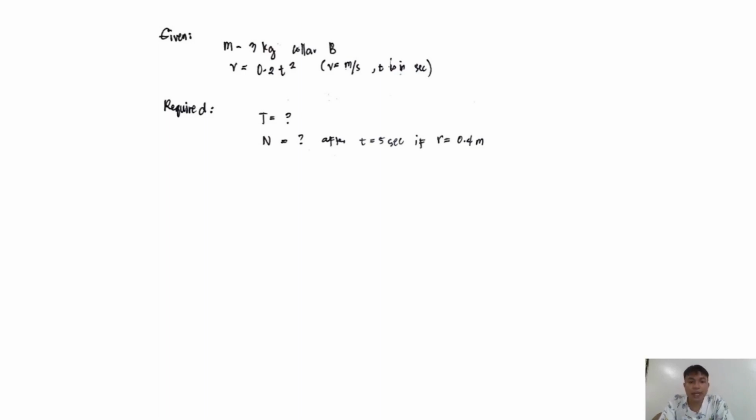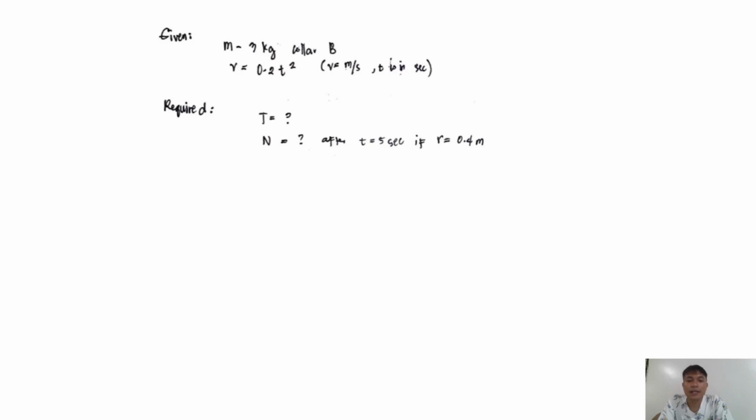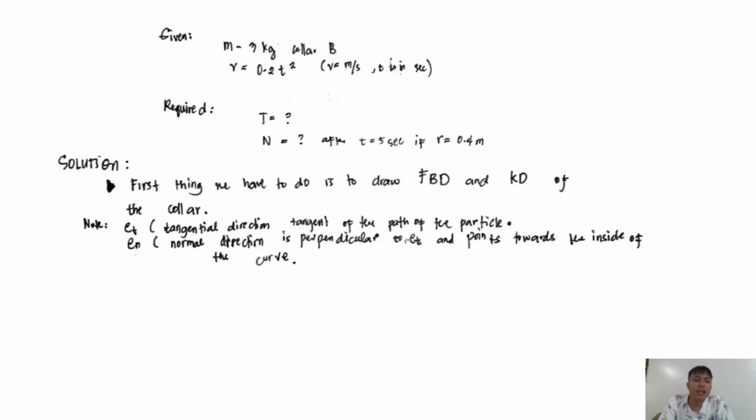Required is the tension and the force after t equal to 5 seconds if our radius is equal to 0.4 meters. So, solution. First thing we have to do is to draw an FBD or KD of the collar.